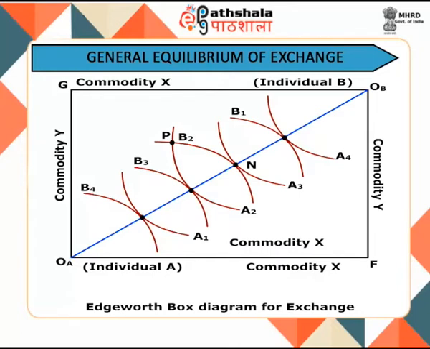Given the initial endowment point, we can get the subset of the contract curve that each individual prefers to his initial endowment. If P is the initial endowment point, both individuals A and B will be better off at all points between M and N on the contract curve OA M N L OB.